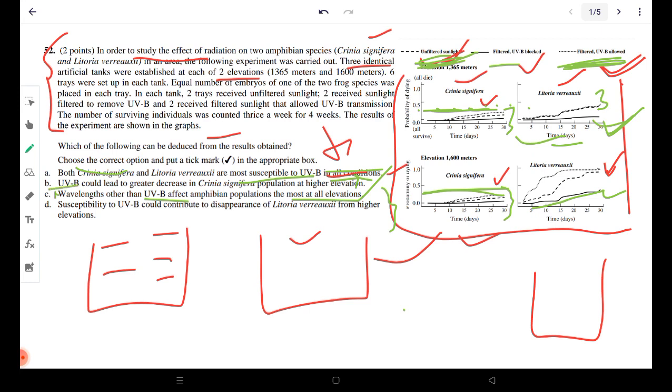Now coming to our last option: susceptibility to UVB could contribute to disappearance of Litoria verreauxii from higher elevation. Yes, you can match that option.